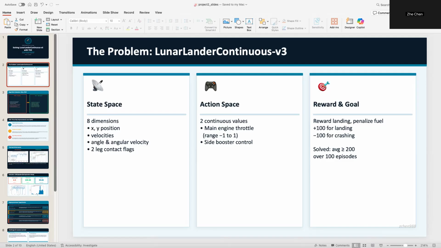The reward function encourages the lander to move towards the landing pad and penalizes fuel use. The environment is considered solved when the agent reaches an average reward of 200 or more over 100 episodes. Because the action space is continuous, we need an algorithm designed for continuous control.